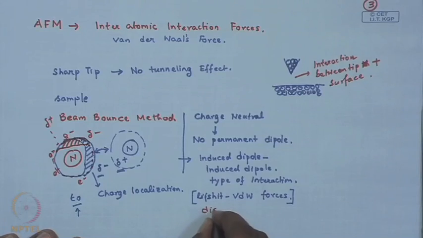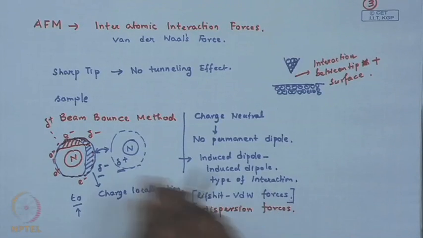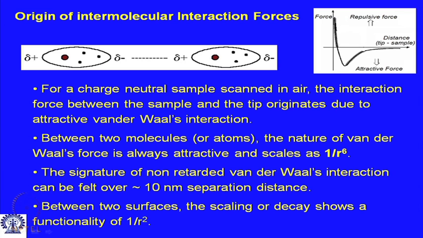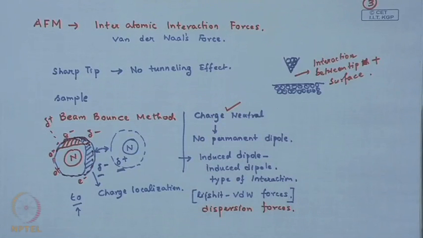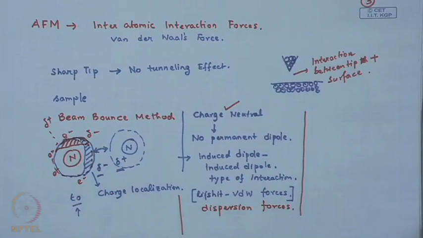So, this is also often referred to as the dispersion forces. This results in all materials, and some of you might know that this is the most fundamental form of any force.